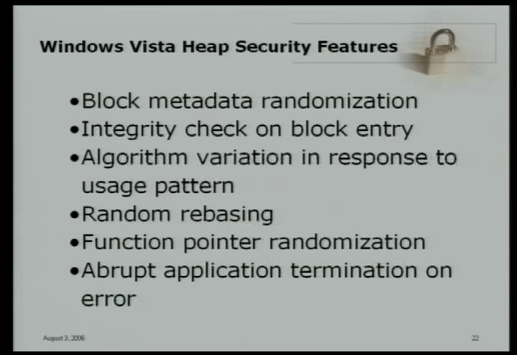And we have algorithm variations in response to usage pattern. I'm going to go through this a bit as well. We also have more frequent termination on errors. That feature existed before as well, but I'm going to discuss how it's implemented differently in Vista.